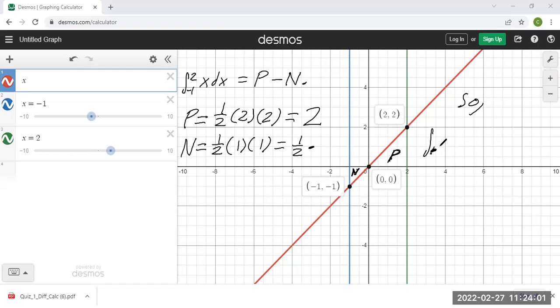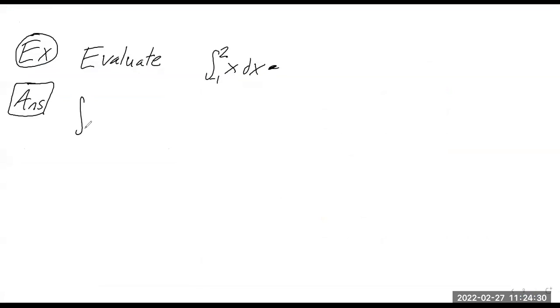So the integral from -1 to 2 of x is going to be 2 minus 1/2. Well, that's just 3/2. And so we've evaluated a function's integral, but instead of using the fundamental theorem of calculus, we've interpreted it in terms of geometric areas. So if I go back to the whiteboard, our argument on that graph just says that this integral is equal to 3/2.